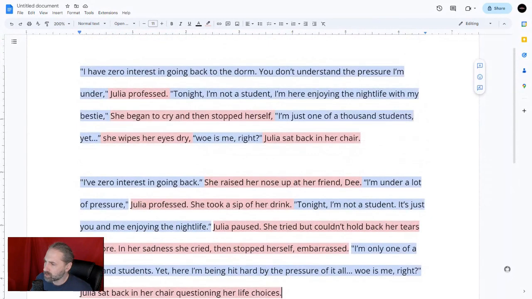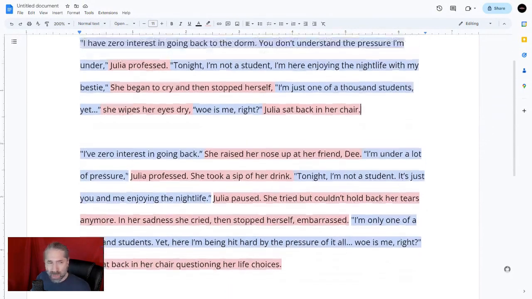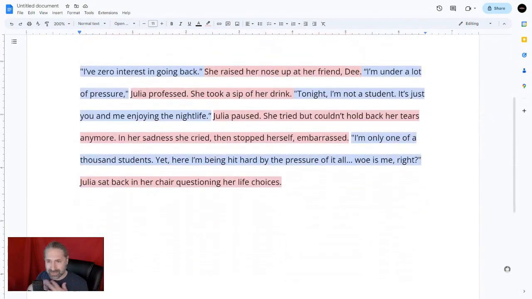You want your narrative to move through the dialogue and allow the dialogue to move through the narrative. You want them to work in tandem and have a lot going on, because there is a lot going on in the second version. It's much more telling.